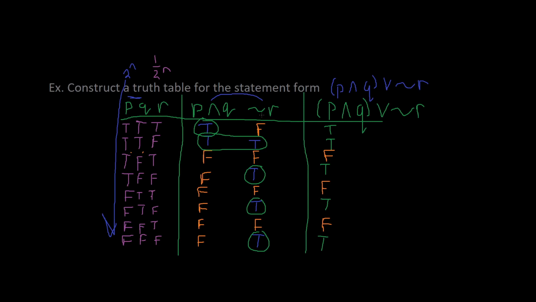Alright, so let's go on to our next thing. Logical equivalence. Just before we start this, I want to show you what logical equivalence looks like symbolically. It's going to look like an equal sign, but with 3 little lines. That means logical equivalence. And so we have this statement right here.